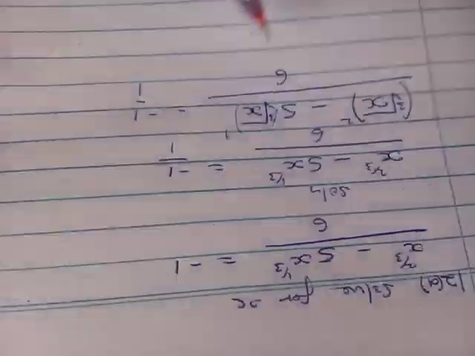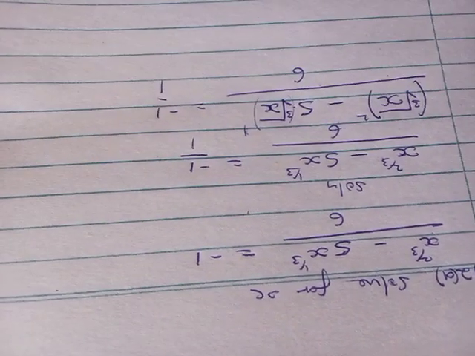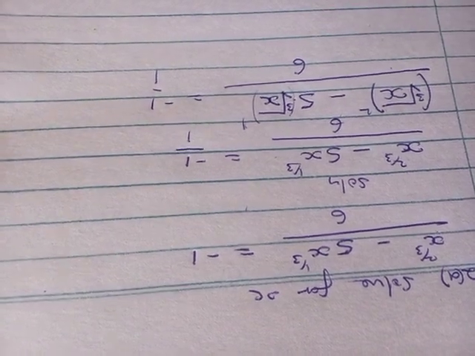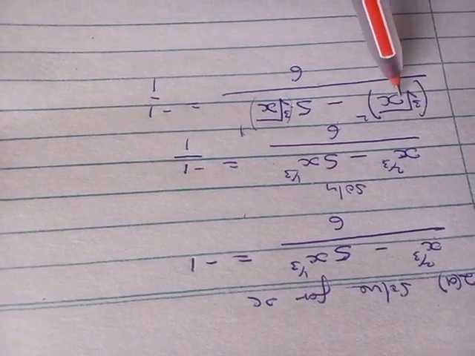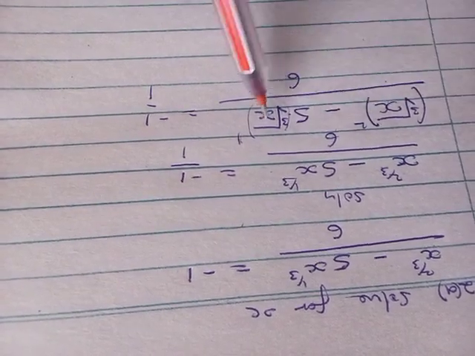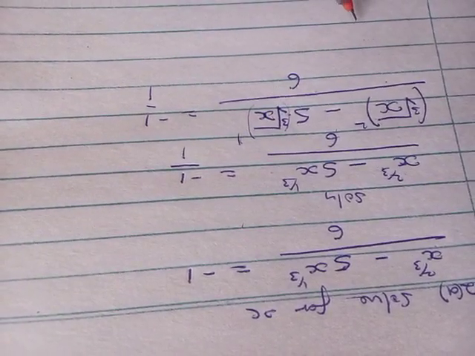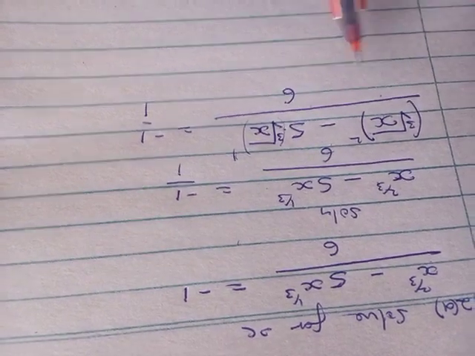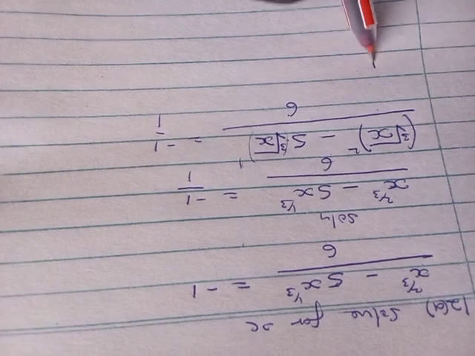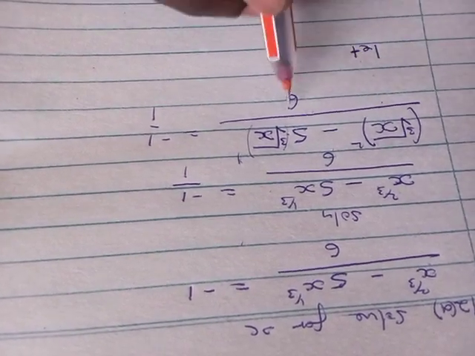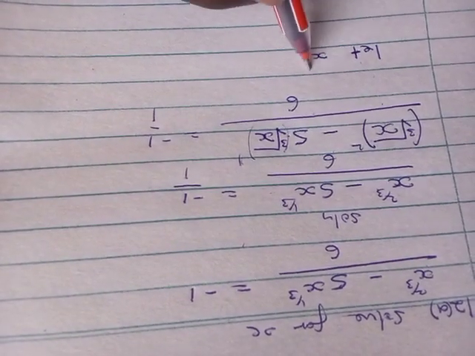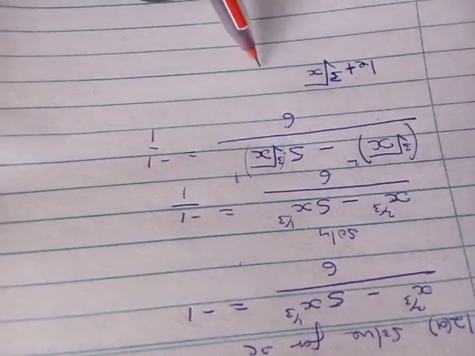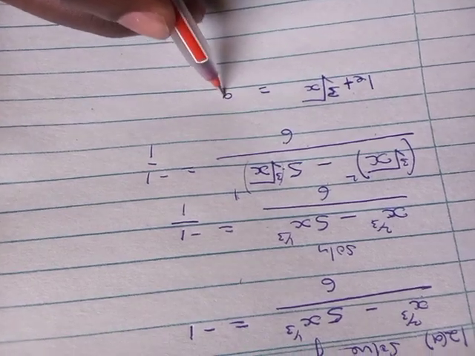So here, before going for cross multiplication, I see I have x cube root here, x cube root here. So I can say let x cube root be equal to a certain unknown like a.